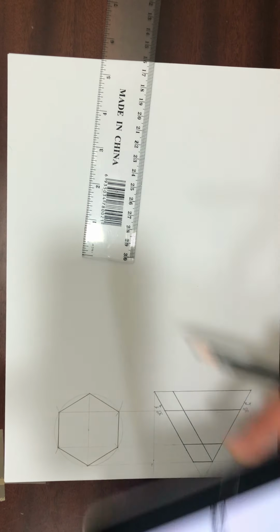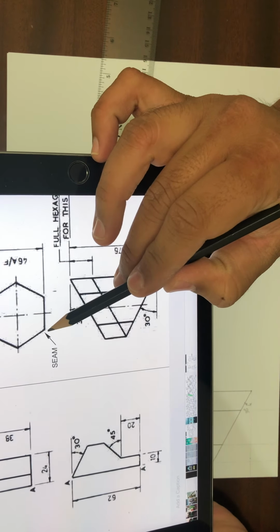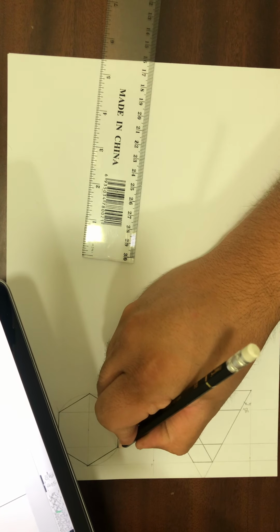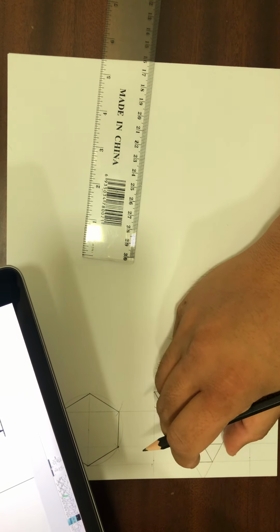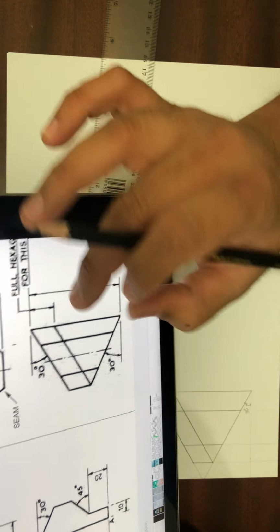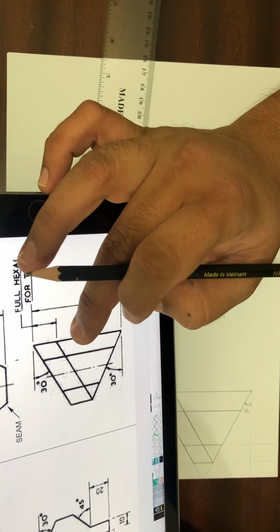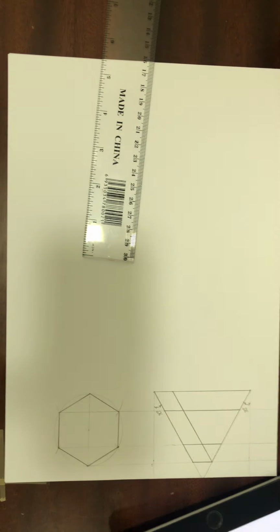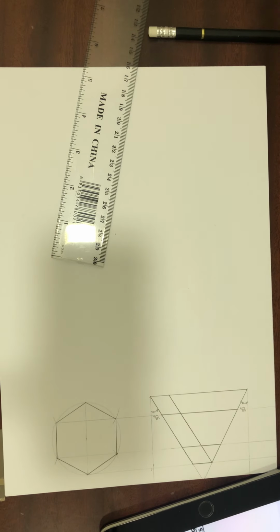Now what we have to do, where is the seam? Seam is starting from here. Okay, the seam is starting from this point. So what he is saying in the diagram, he is saying that the full hexagon for this depth. The actual figure is a little bit confusing. Now I made the figure for you.